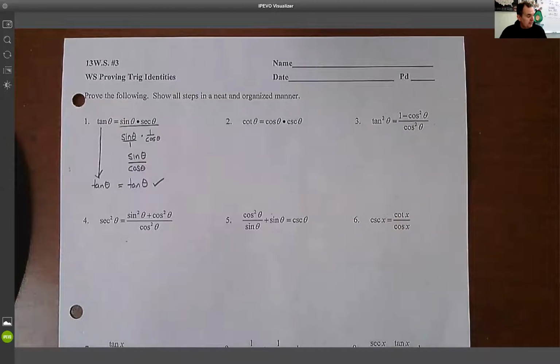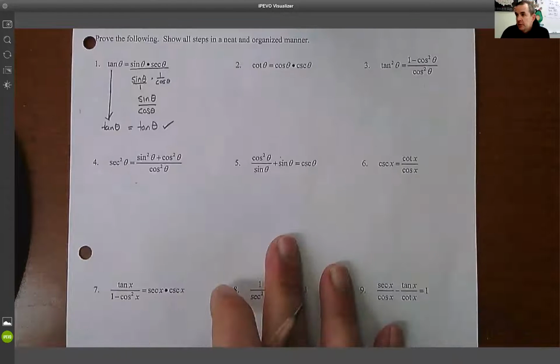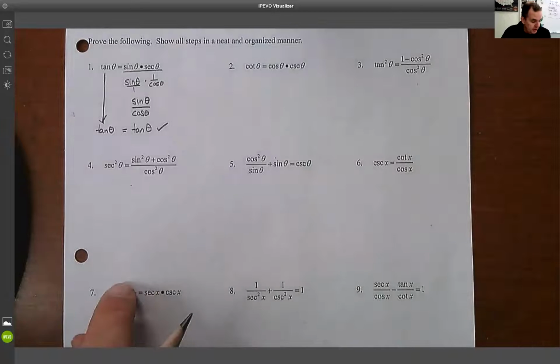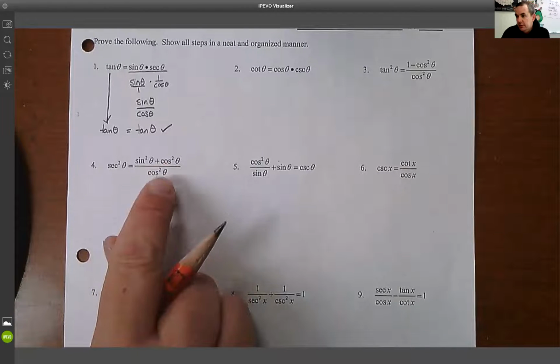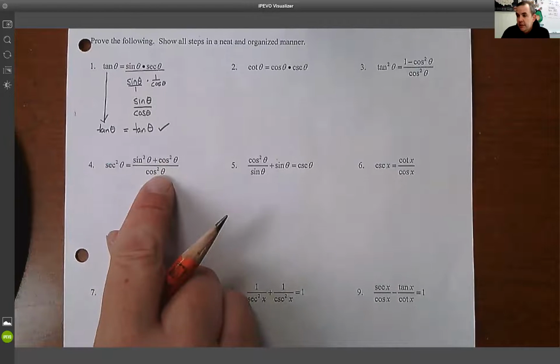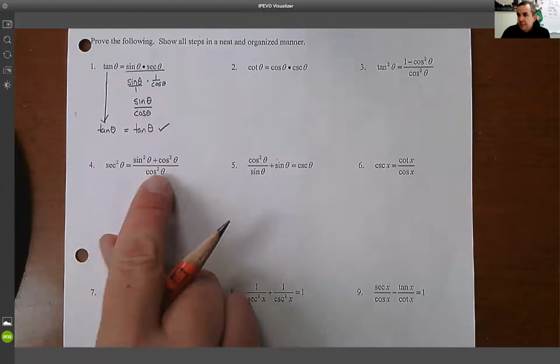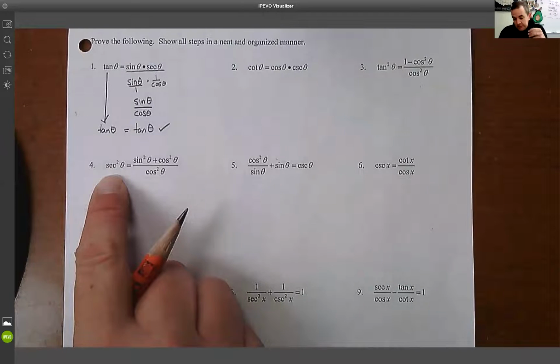So that's an example of proving a statement is true. For example, if I wanted to look at this one right here, secant squared theta equals sine squared theta plus cosine squared theta over cosine squared theta. Again, secant squared theta is already by itself as a trig function, so I'm going to leave it alone.